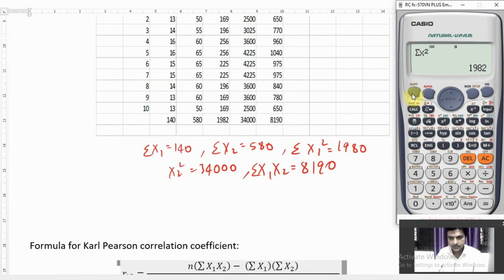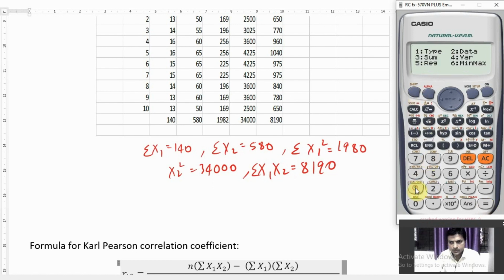Similarly, I will take one by one, all the summations I will check. So I will take 2 summation of x, here x, y they have taken, we have taken x1 y1. So first summation x is 140 is correct answer, and directly you get the answer, students. 4. I will take now summation y2. Yes, 58 is the correct answer.